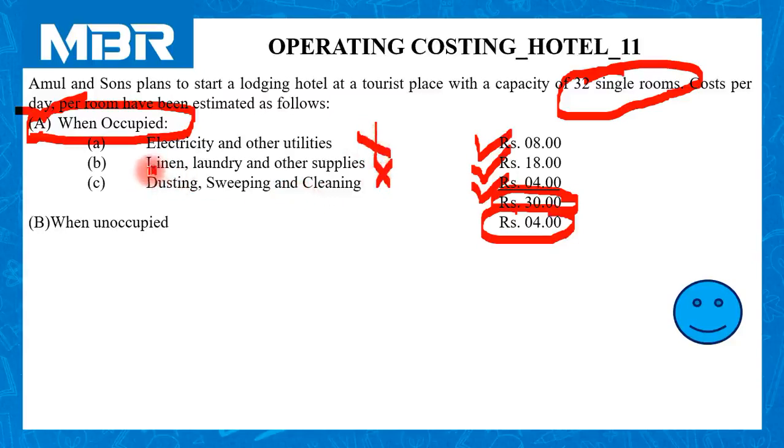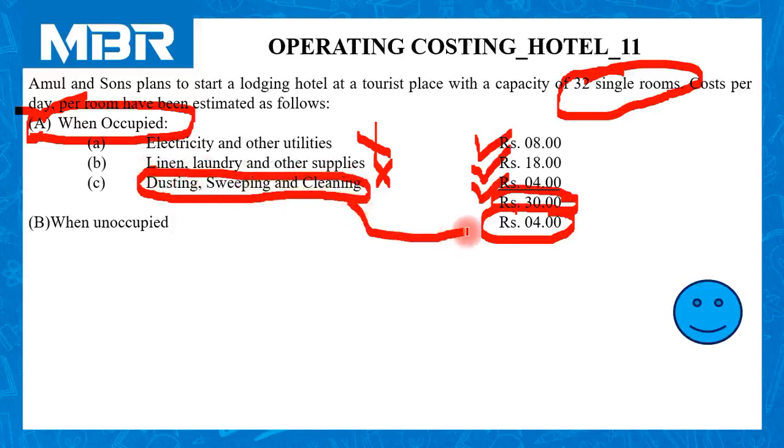But whether rooms are occupied or unoccupied, we need expenditure on dusting, sweeping and cleaning. So when rooms are not occupied, we need to pay for dusting, sweeping and cleaning at the rate of rupees 4 per room per day.